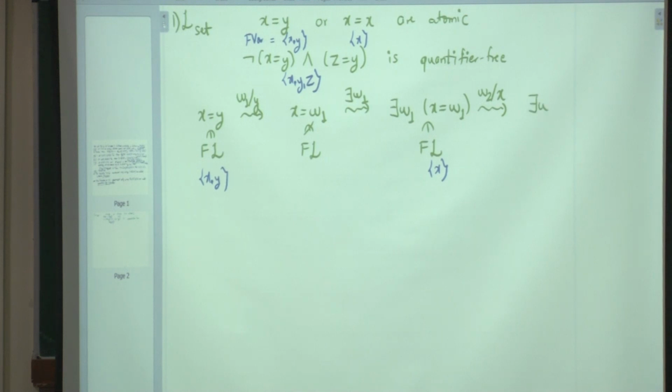There exists w1 such that w2 equal to w1. This is not a formula. And finally I apply there exists w2. So what will I obtain? There exists w2, there exists w1 such that w2 is equal to w1. This makes sense? What is the set of free variables for this last formula? Empty.